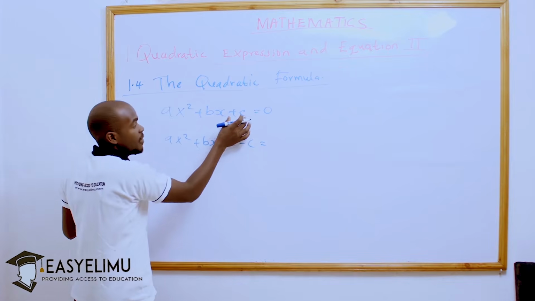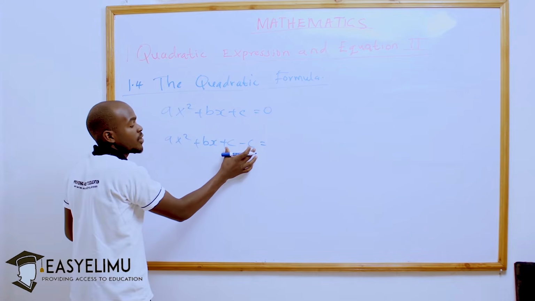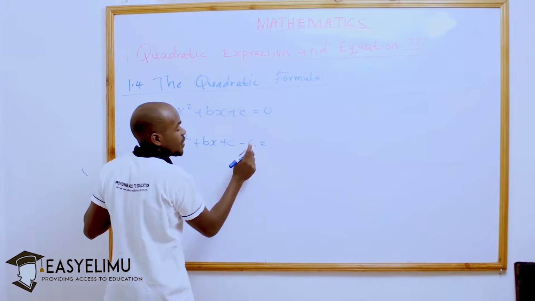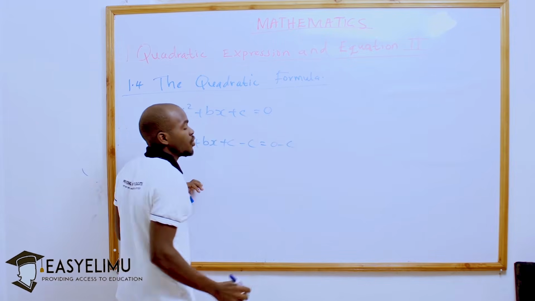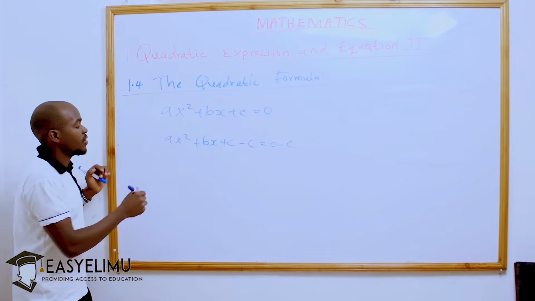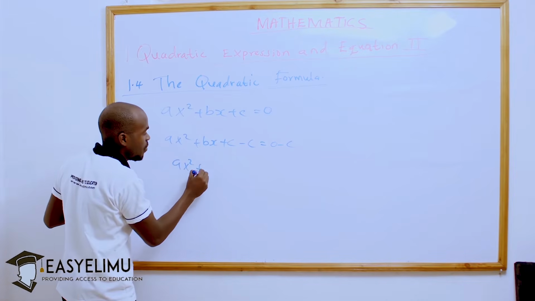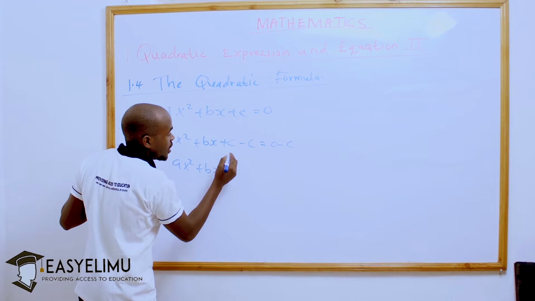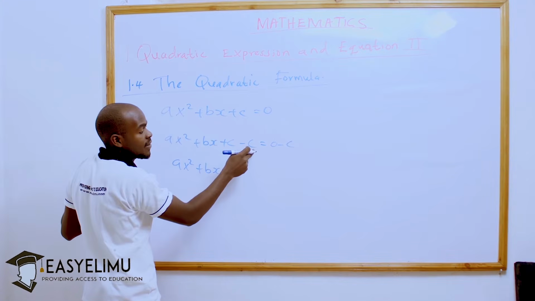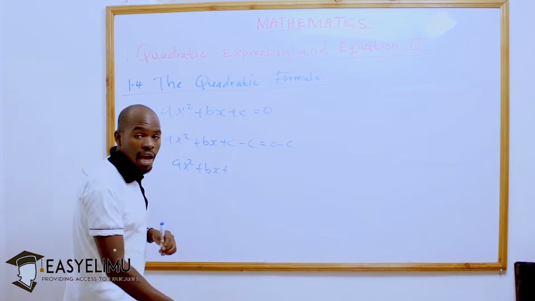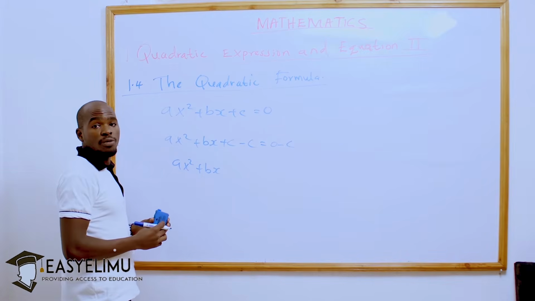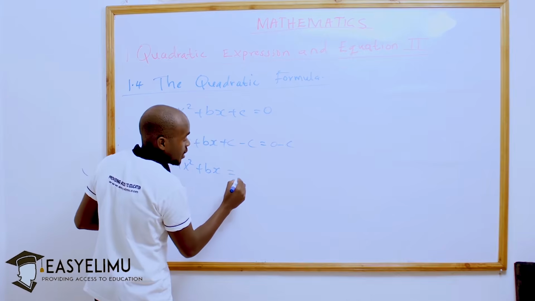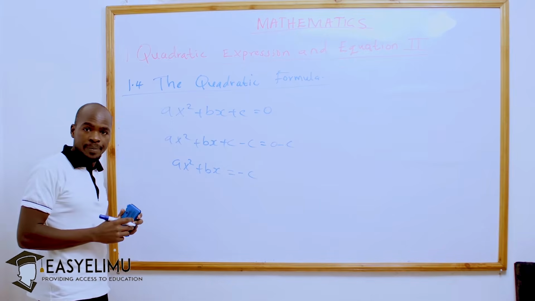And we did say if this one is positive, we have to subtract the same identity, which is negative c, and then on the right hand side, we also do the same, so as to have ax squared plus bx plus, now plus c minus c will cancel itself out, and we shall have 0. So meaning the value of c will not be present. So we are going to get negative c.